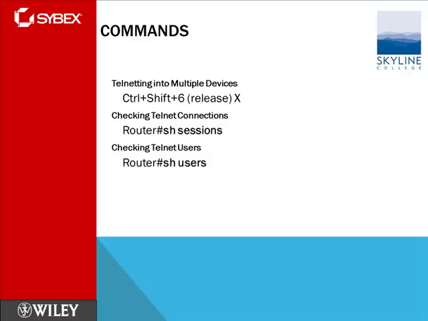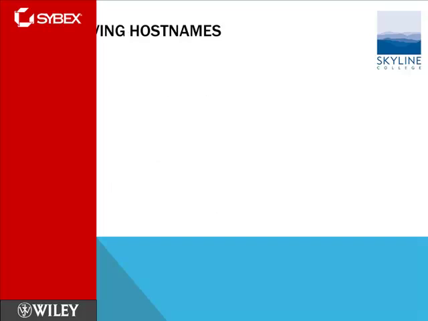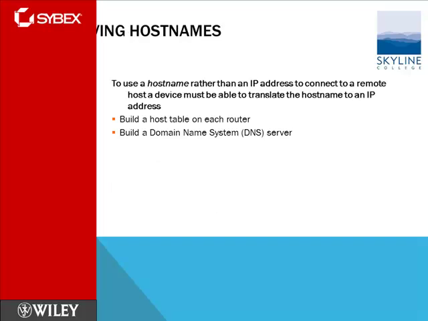Show sessions, once we get back here, will tell us what the Telnet sessions are, because this doesn't log us out, it just simply brings us back to where we started from. Show users will show us who is actually connected to the system. You can exit, disconnect, or log out to get off of the Telnet session.